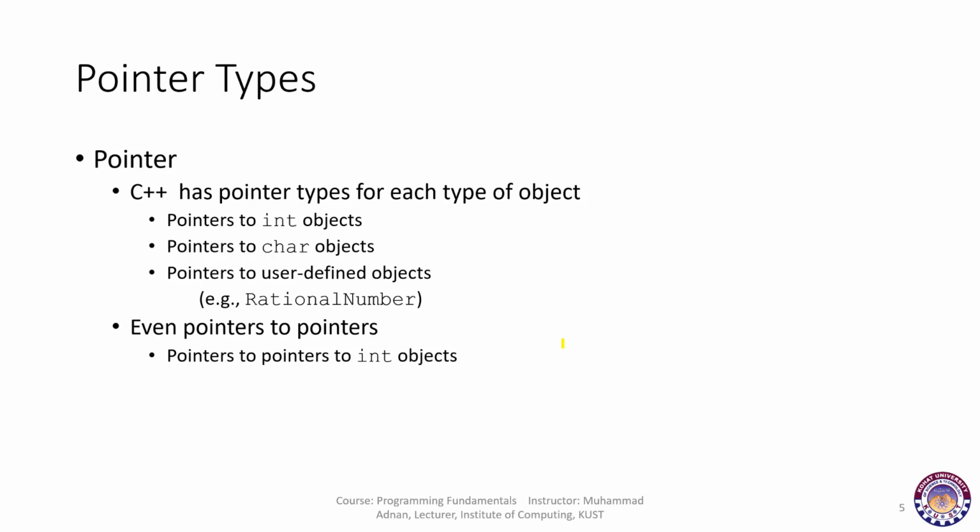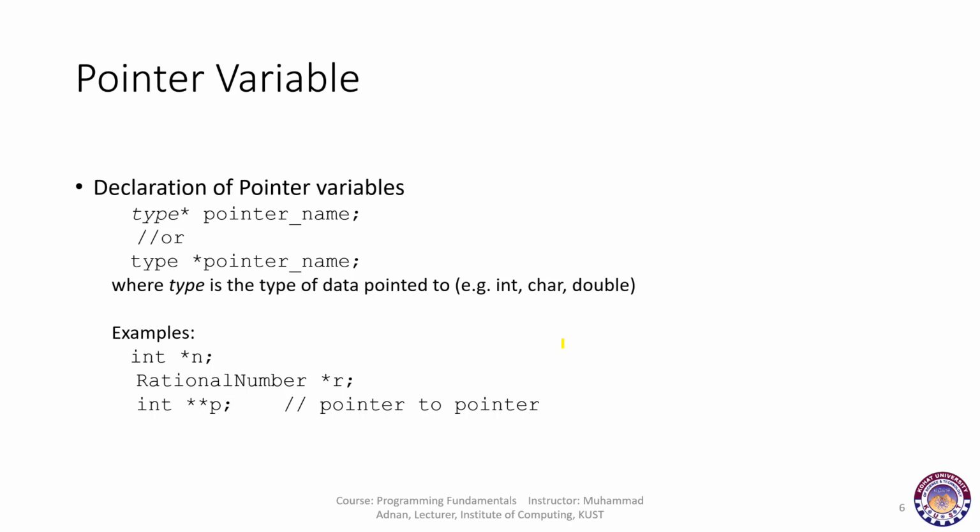We are going to discuss each of these pointers in detail in the next slide. Let us first discuss how a pointer variable is declared. You write the data type of a pointer and then the pointer name, or you write the data type and then an asterisk is moved towards the pointer name.